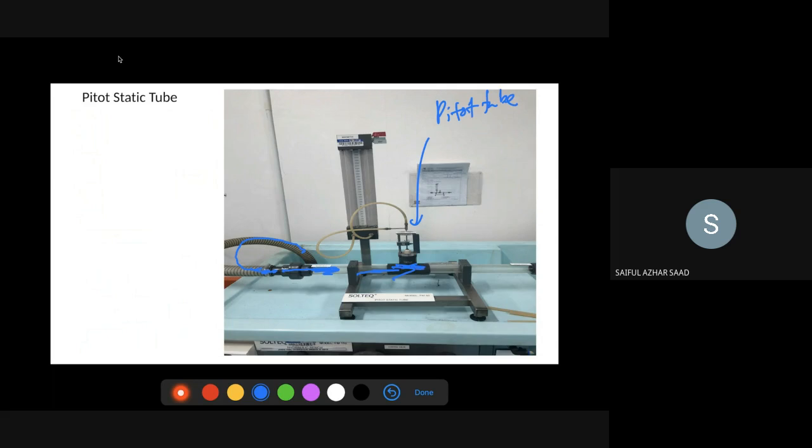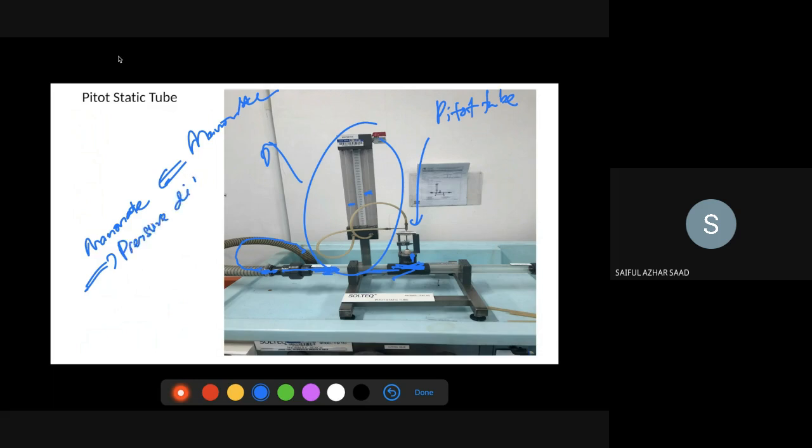Once the water enters here, it will cause a difference in water level. This is the manometer. As you learned in chapter number 2, the function of a manometer is to measure the pressure difference between 2 points.